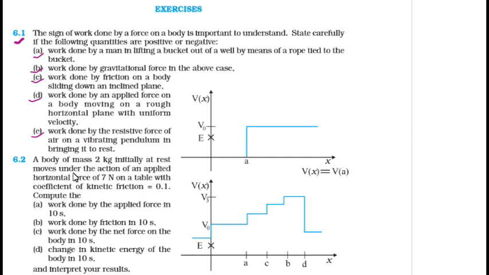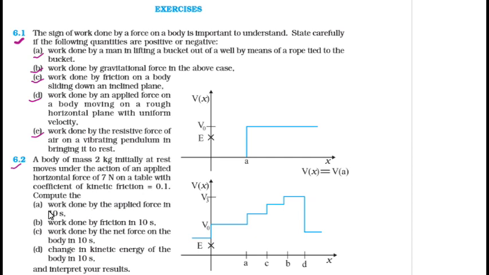Question number 6.2. A body of mass 2 kg initially at rest moves under the action of an applied horizontal force of 7 Newton on a table with coefficient of kinetic friction equal to 0.1.